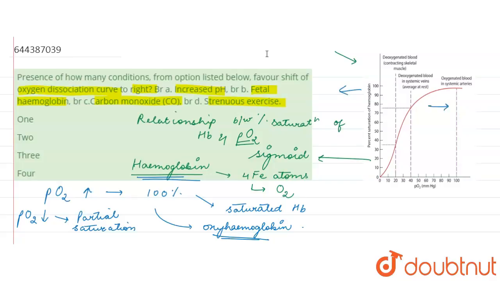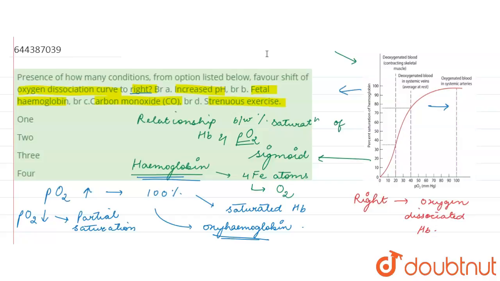They are asking us when the oxygen dissociation curve will shift to right. It will shift to right in conditions when oxygen is dissociated from hemoglobin. Any conditions that will lead to the dissociation of oxygen will shift this curve to the right.